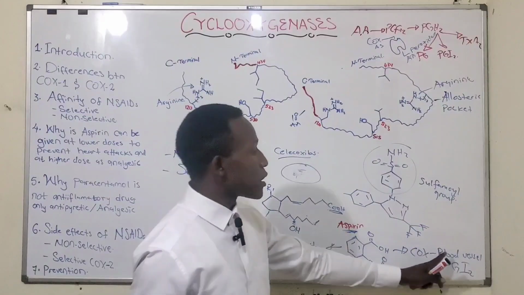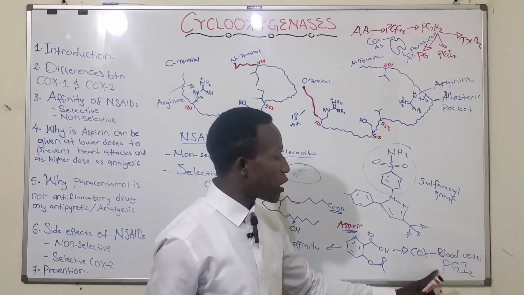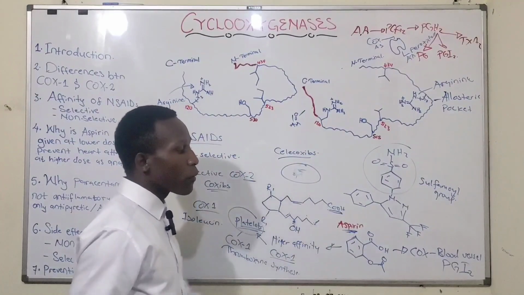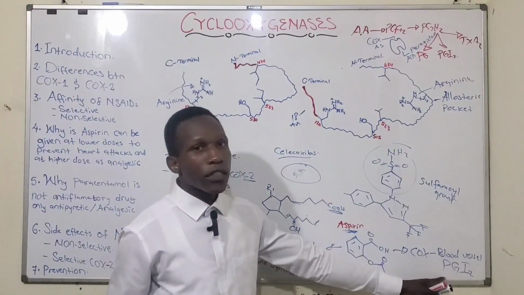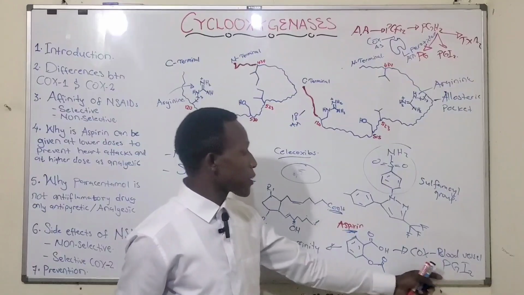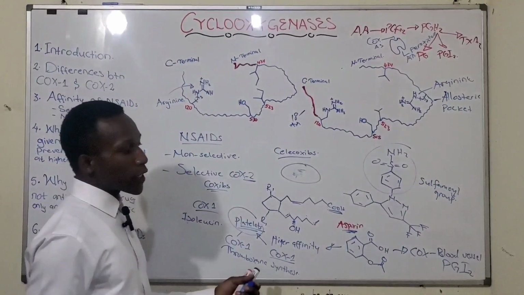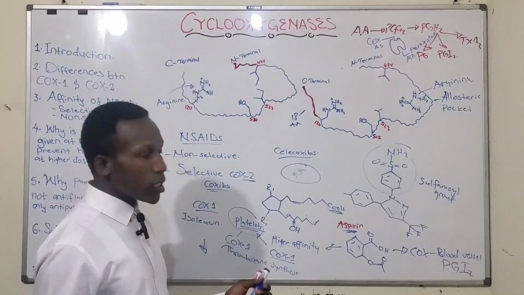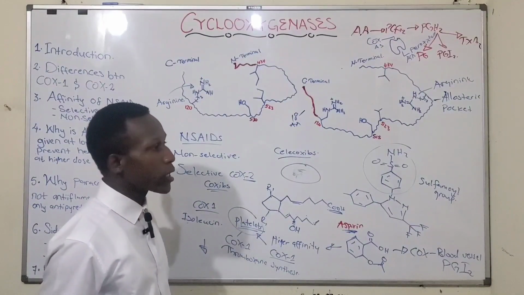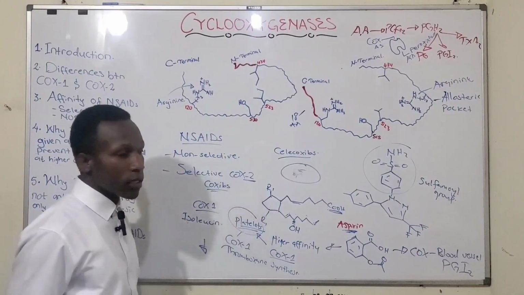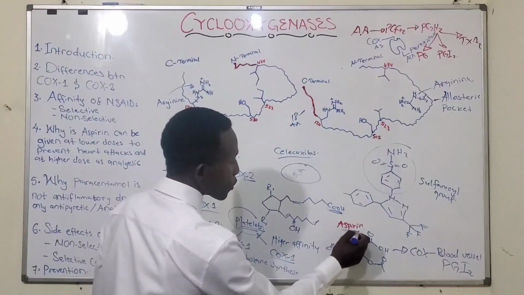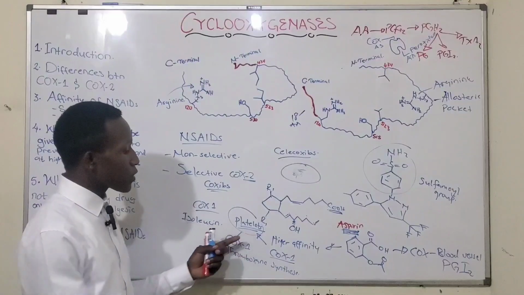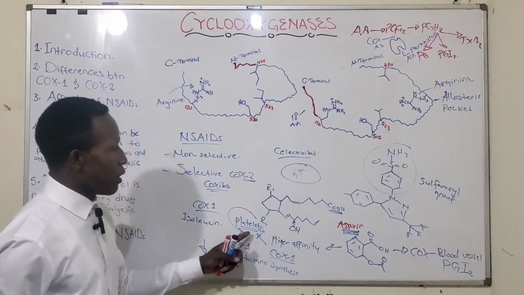But because the cells of the blood vessels, the endothelium, can regenerate more prostacyclin, this effect is not pronounced here. Also, the effect in the GIT at low doses will be low because the cells there have a nucleus. They can synthesize more prostaglandins. So aspirin at lower doses has more effect on the platelets because they lack a nucleus.